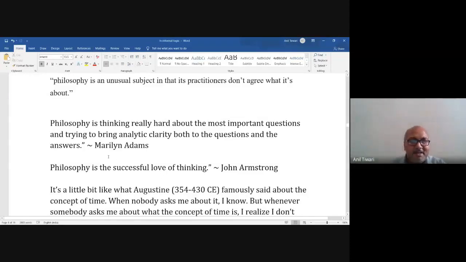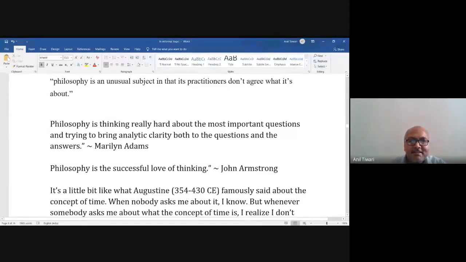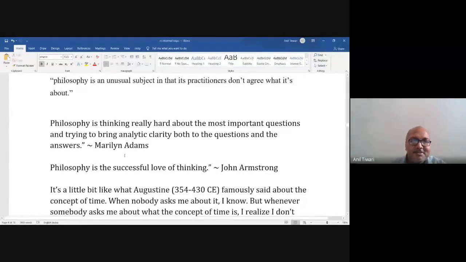Then look at what Marilyn Adams says. Philosophy is thinking really hard about the most important questions and trying to bring analytic clarity both to the questions and the answers. So here you can see that it is a kind of intellectual engagement regarding the most important questions.